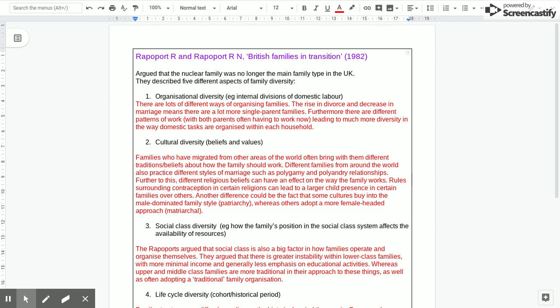Okay, and that basically leads to lots of different ways of handling all the different jobs associated with living in a household. Okay, so maybe mum does one thing and dad does another, whilst both working to different schedules. Okay, so organizational diversity is very much just referring to the fact that within each family type, there's lots of different ways that they organize themselves.